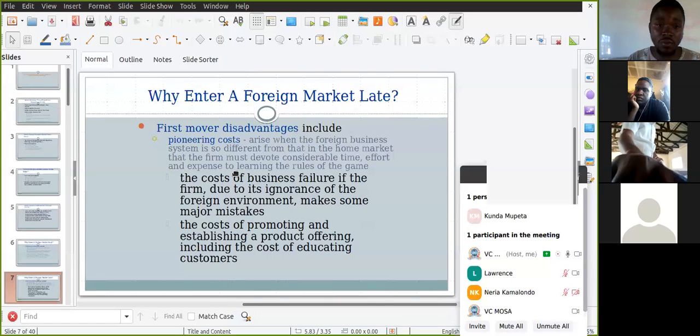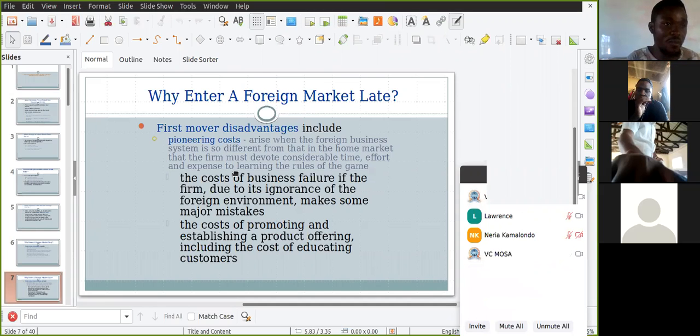From this slide, we can see that you do not have the idea of the raw materials that you're going to use in that given foreign market. What happens in your home might not be the case in another home.